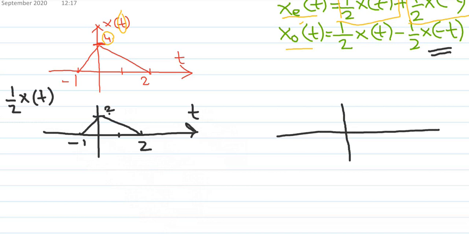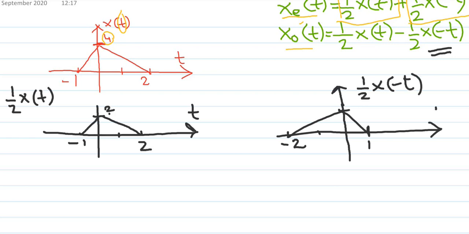Now flipping means I'm going to have a signal between 1 and minus 2, and this is for example 2, so I'm going to have something like this, if I'm not wrong. Okay, so basically I have drawn half x of minus t here, and this is your t here. Okay, so I think it's quite clear now.